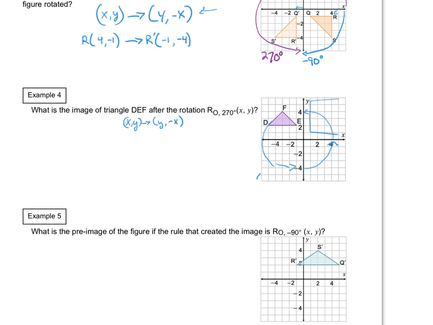So we are going to be in this quadrant. Again, a lot of ways that you could do this. It's just whatever you're more comfortable with. But I could plot each one of those points and do the transformations.